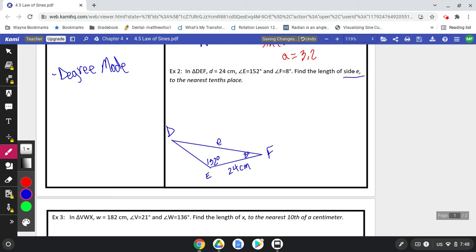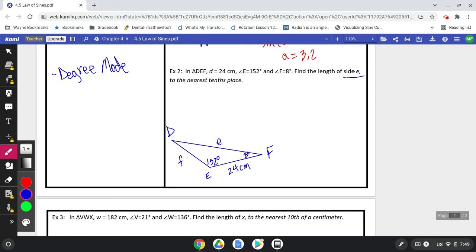Now my end goal is to find what the missing e is. However, in order to do this, we have to have a complete set. When I say a complete set, I mean both a side and its opposite angle. Right now, we don't know what e is, we don't know what f is, so we can't use those. We do know what the side d is, 24. The opposite angle is big D, but we don't know what that is yet, but we can solve it.